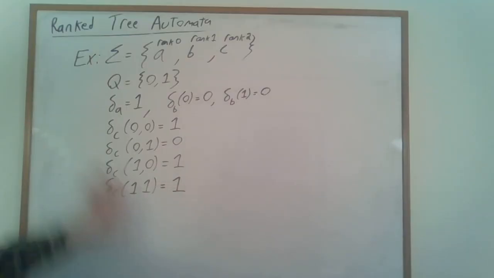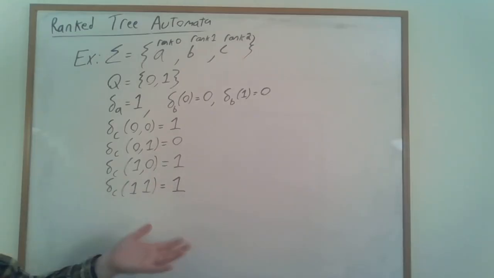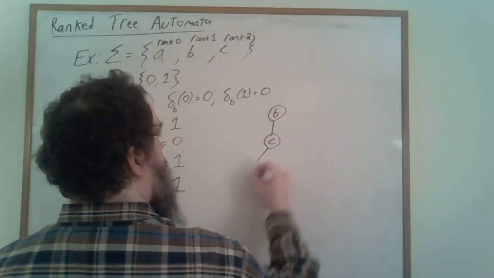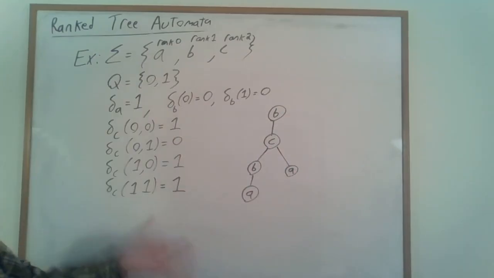If we have some sort of arbitrary ranked tree automaton and want to figure out what it does when fed in a particular tree, we can imagine that tree as being the parse tree of a particular expression.